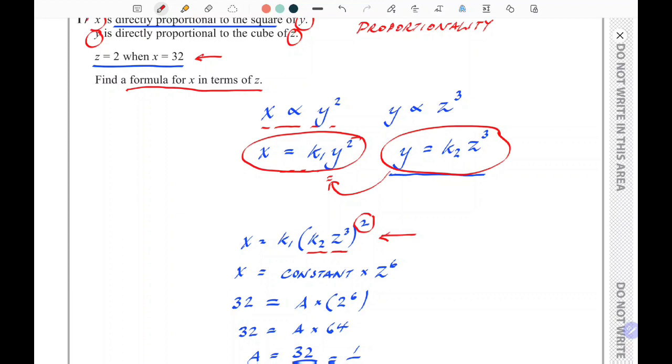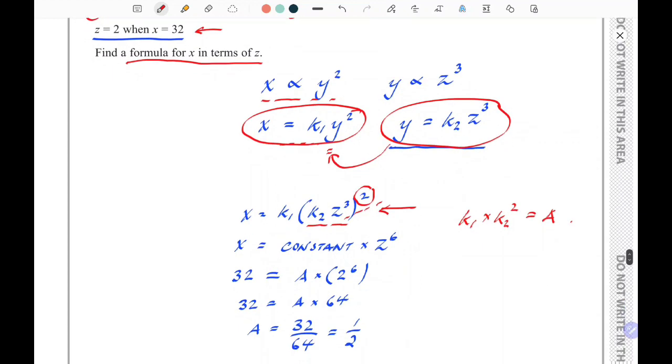And we're going to replace k1 times k2 squared with just another letter. Let's call it a. So it's one combined constant. And remember again that z cubed, all to the power 2, you multiply the powers, and therefore you get z to the power 6. So we end up with x equals a constant times z to the power 6.